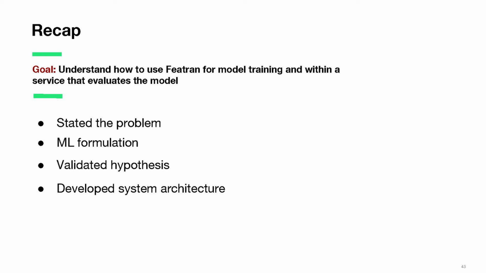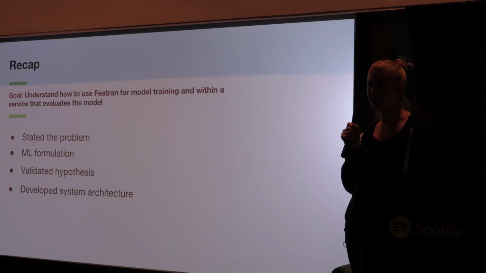From there, we decided to first validate the hypothesis by using a small subsample of home data and initially prototyping in Python using sklearn and scipy. And then once we were confident that this was a viable solution, we moved on and developed the system architecture, which had 4 main components: the common featurization library, the data pipeline, the model training, and the service.